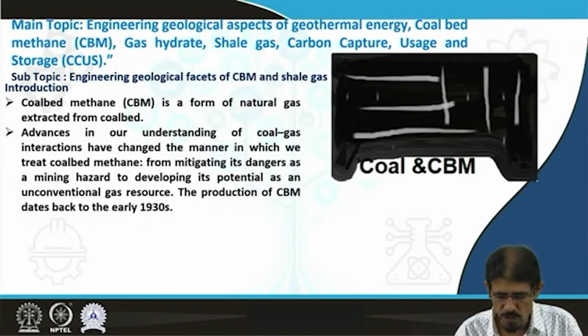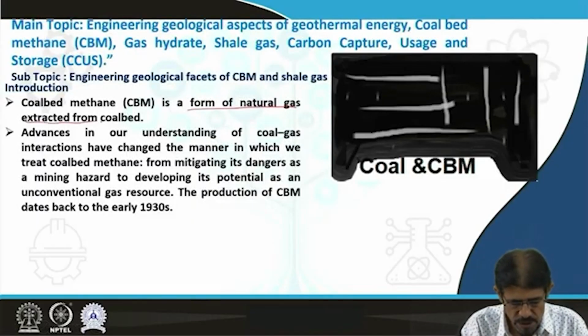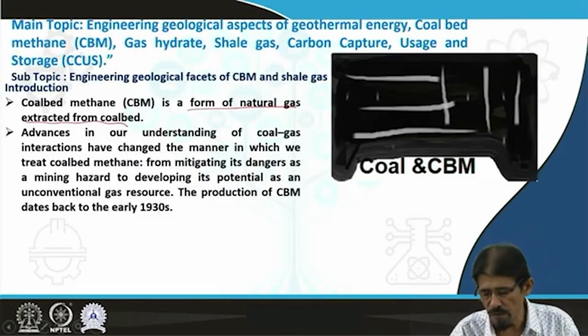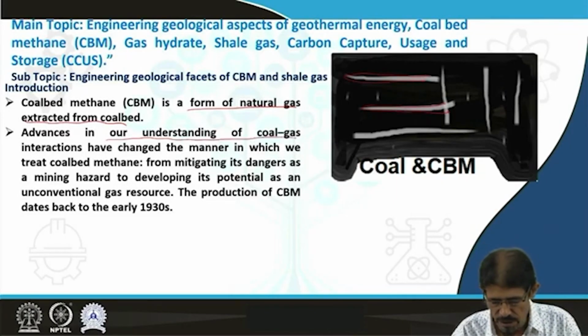Friends, as you know, coal bed methane, CBM, is a form of natural gas extracted from coal bed, therefore it is called coal bed methane. Advances in our understanding of coal gas interaction have changed the manner in which we treat coal bed methane.